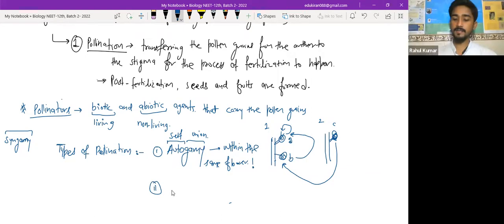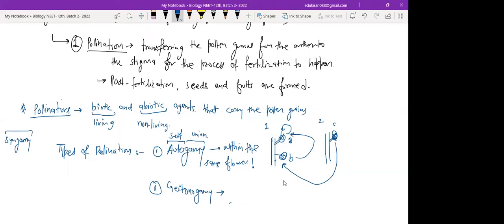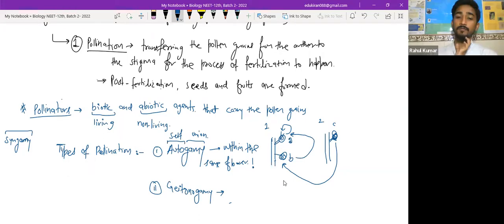Now next is geitonogamy. Geitonogamy is the second scenario where it happens between different flowers but within the same plant. Is it clear? So first you have to remember autogamy is within the same flower.